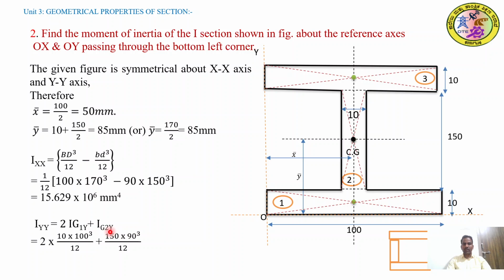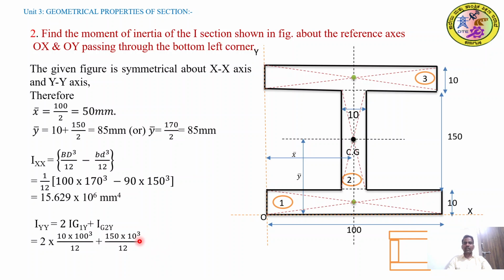Ig2y is nothing but the moment of inertia of the second, that is the web, where 150 is the width of the section and 90 millimeter, the removed portion, is the depth.